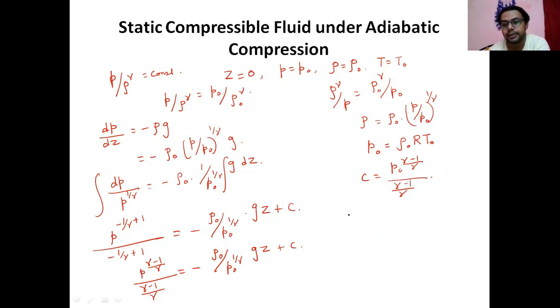So P0 is coming, and you get the C value. So P to the power (gamma minus 1) by gamma is equal to P0 to the power (gamma minus 1) by gamma, minus the gamma term with rho 0 and P0 to the power 1 by gamma. You just reduce this equation, nothing else.